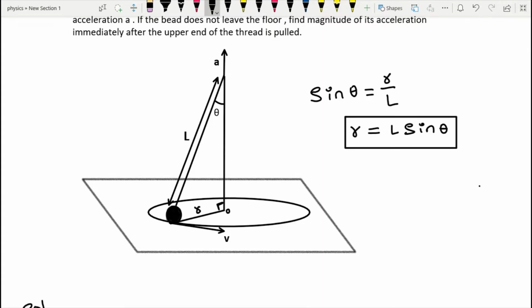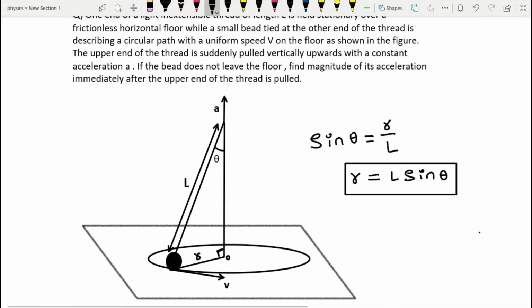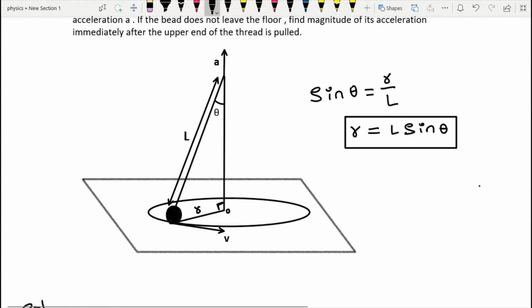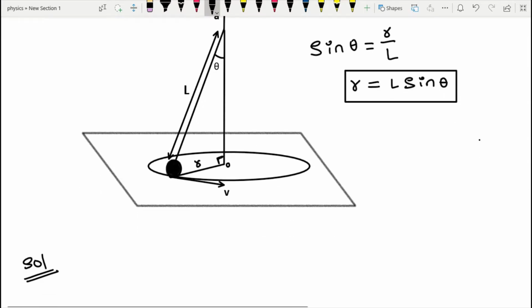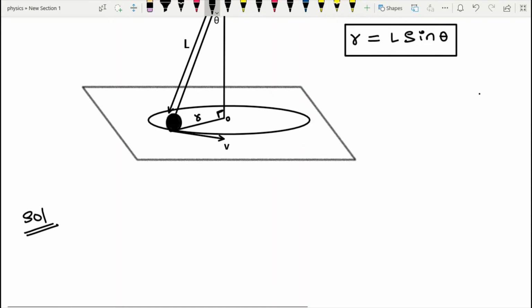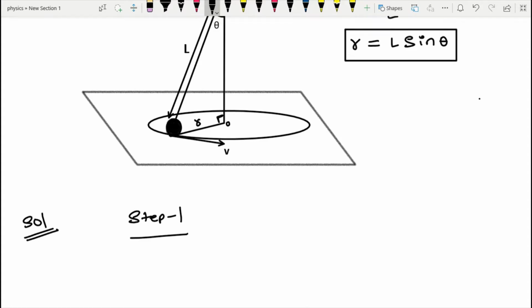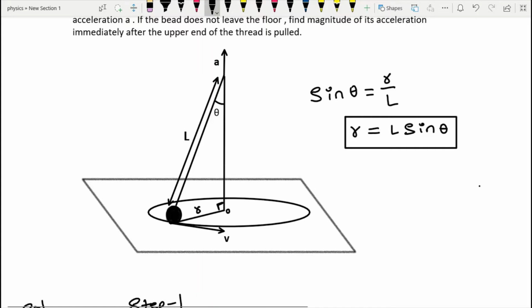Next, what we have to do? We have to find the acceleration immediately after the upper end of the thread is pulled. Okay. So let us take the problem in two steps. Step 1, I am taking the problem without acceleration a.